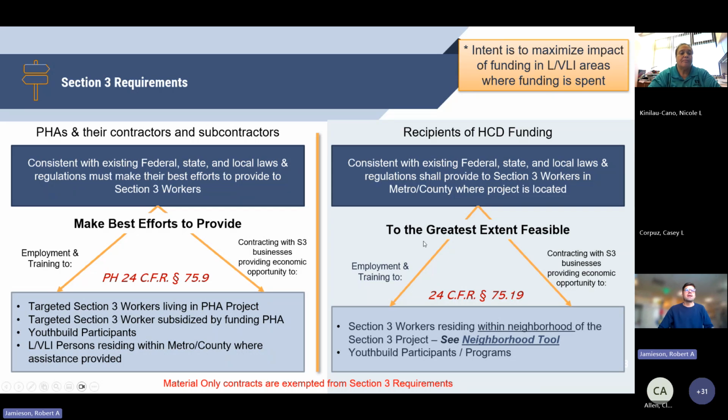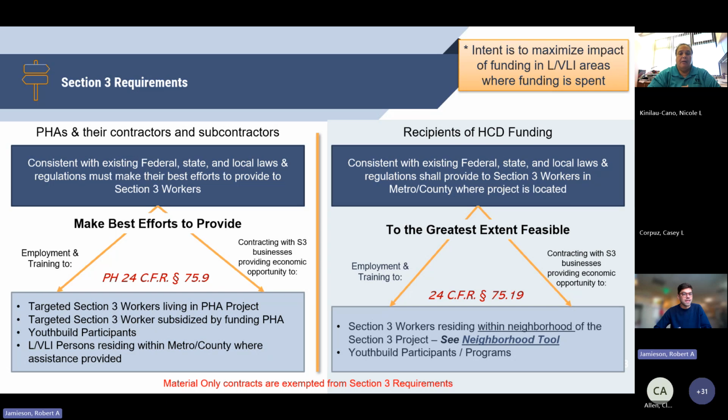Okay, so this is a repeat of that. Again, we do have this provision in Section 3. These two mean the same thing: we're making our best efforts, and to the greatest extent feasible, basically saying we're trying our best to employ, contract with, and train Section 3 workers and Section 3 businesses.